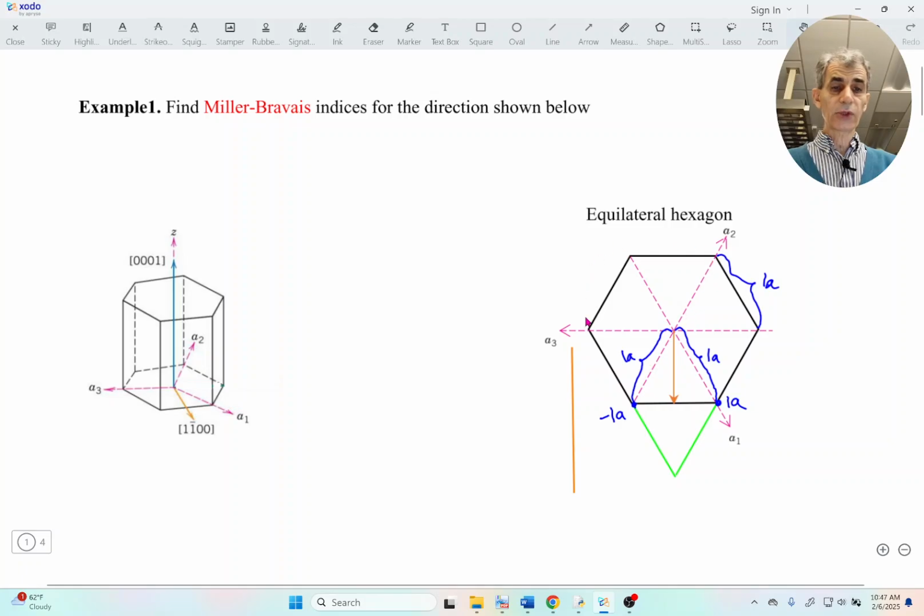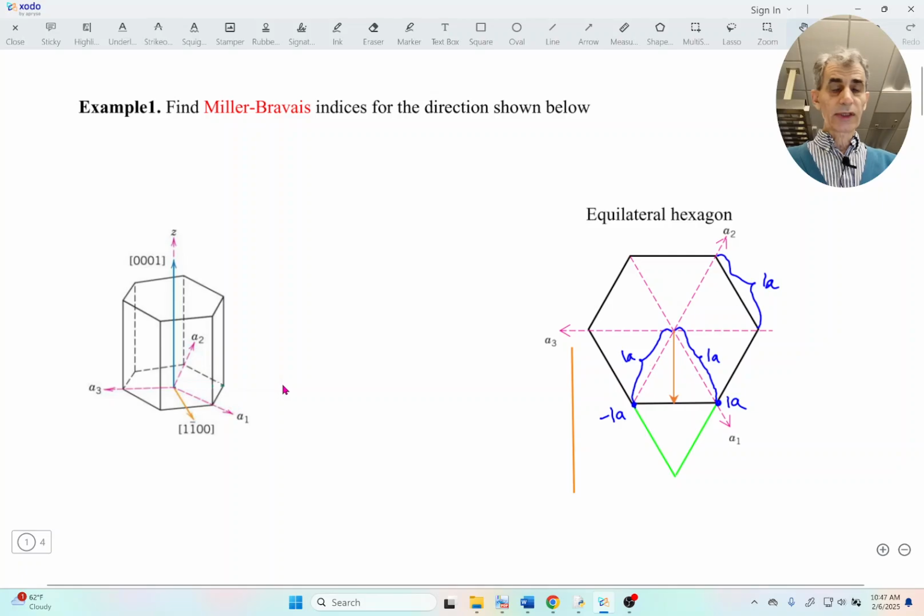If we inscribe this hexagon in a circle, that will be the radius of the circle, and that radius will also be equal to the side, the edge. So if the edge is 1a, the length of the cell, then the radius also will be a.